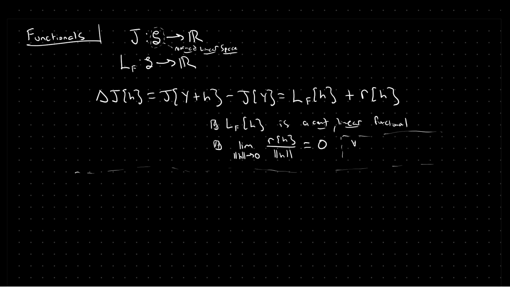It means for all epsilon greater than 0, there exists a delta greater than 0, real numbers, such that if the size of h in the function space norm is less than delta, then the difference between the increment, delta j, and the linear functional, LF of h, has to be less than epsilon, because this remainder is just this increment minus the linear term, or the linear approximation.